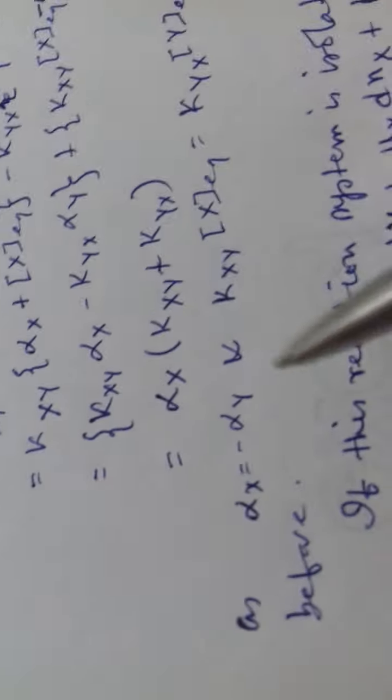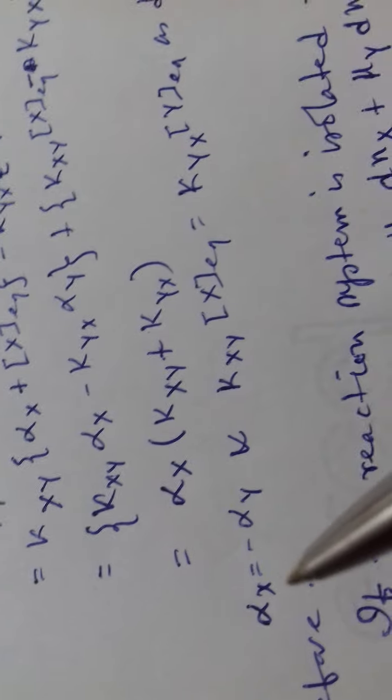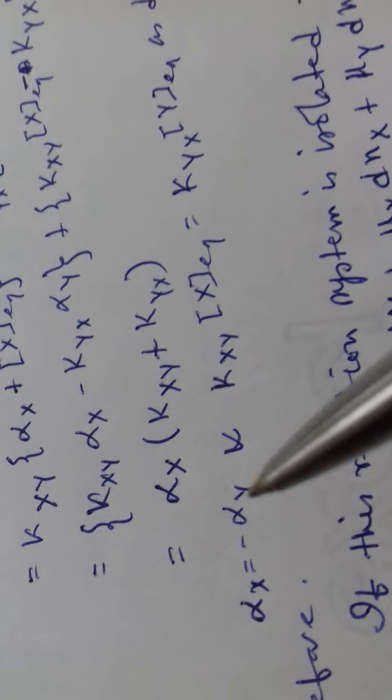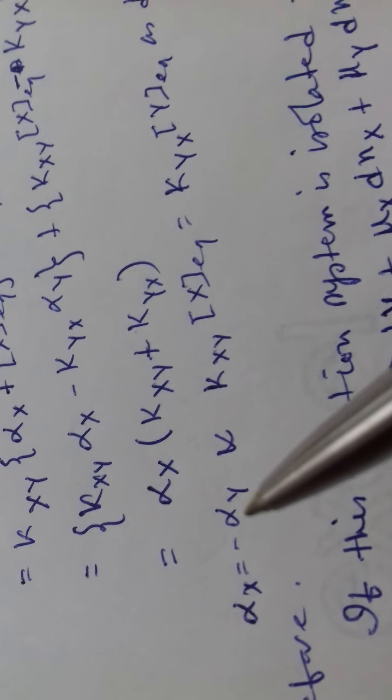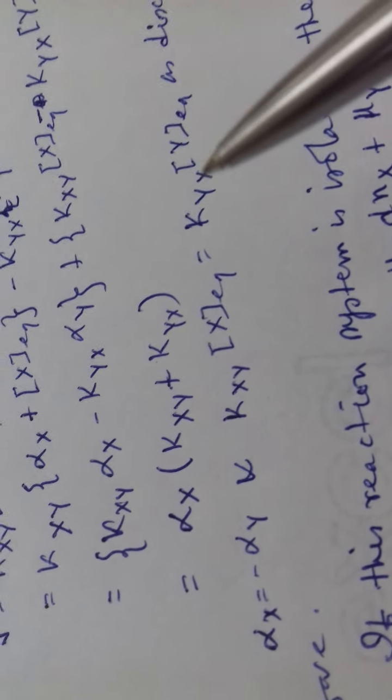So this is a very important relation. We will need it again and again. Keep it in mind. Okay. This is true because alpha x equals minus alpha y. We have used the fact that alpha x plus alpha y equals 0, and kxy xeq equals kyx yeq.